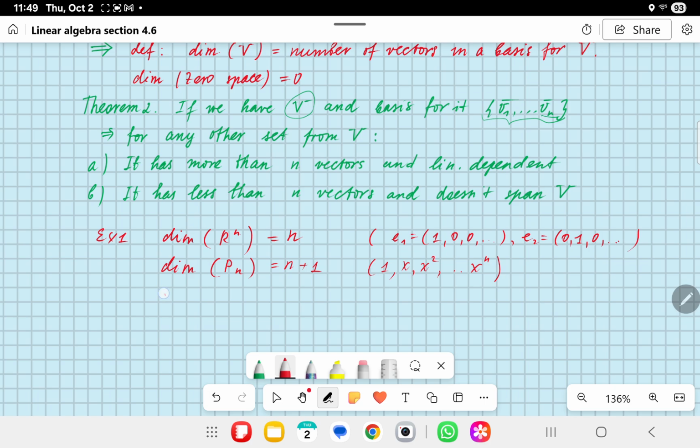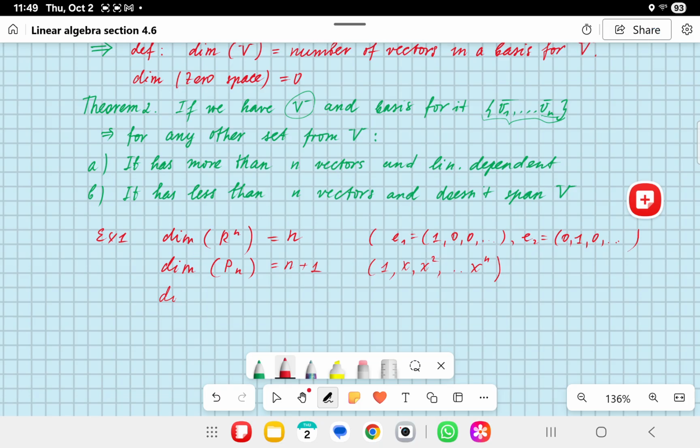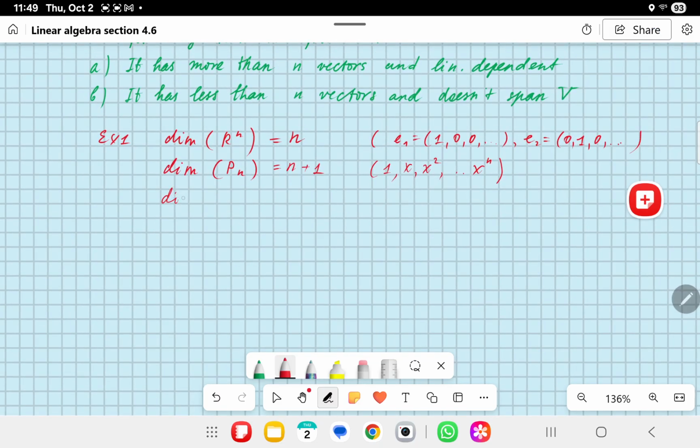What is going to be the dimension of a slightly different vector space, for example, the space of 2 by 2 matrices? Well, if you remember, the standard basis consists of a bunch of matrices with 1 in a different position, right? How many of those matrices are there? 4, actually, right?